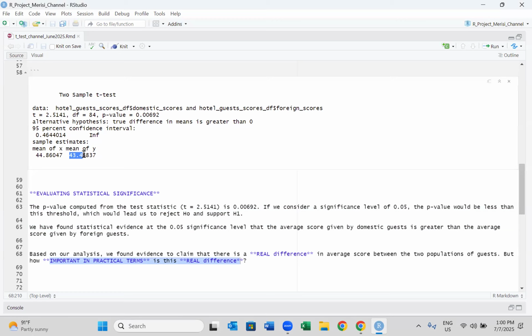Okay, guys, so to evaluate practical significance in a t-test, the best way we can use is to compute something called the effect size, okay? And we're going to discuss in this video what the effect size is and how to compute it. But before doing that, I want you to understand something.